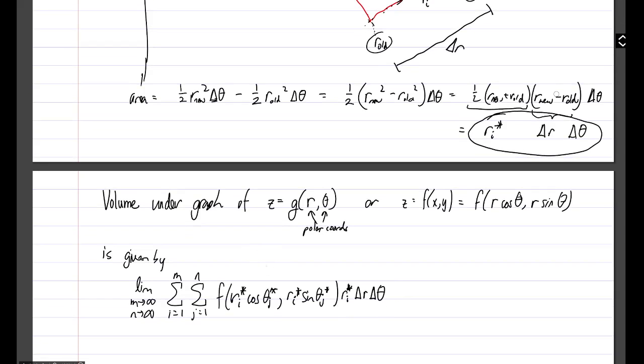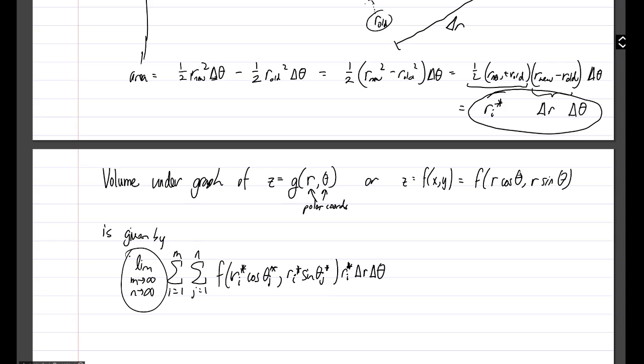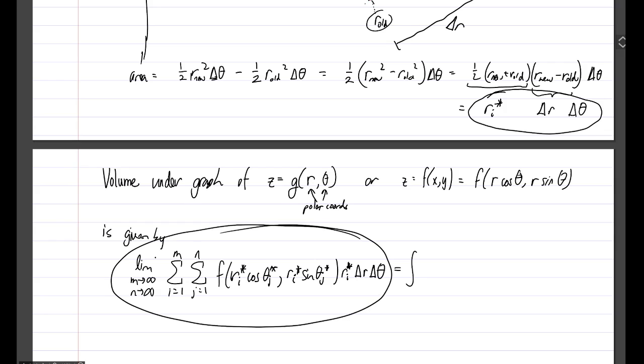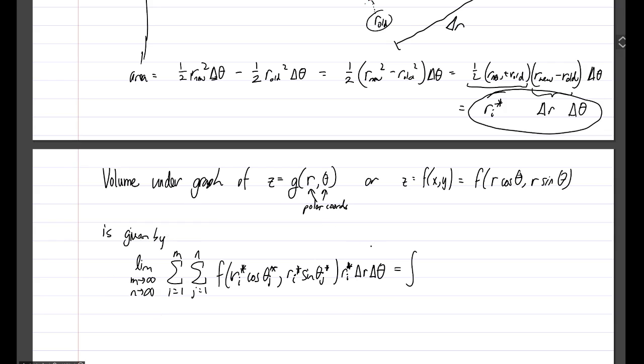The key point now is that this circled thingy right here, when you take the limit of this Riemann sum, if this limit exists, we're going to now say this is the integral. So don't worry about ever setting it up like this, but I wanted you to see the end of this, because now, as an integral, we're going to have, if the limit exists, the integral from alpha to beta of the integral from a to b of f of r cosine theta, comma r sine theta, r dr d theta.